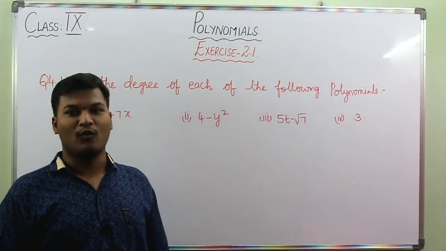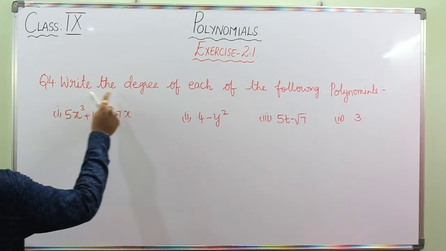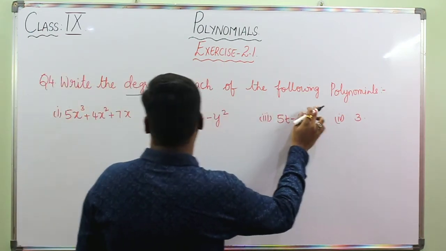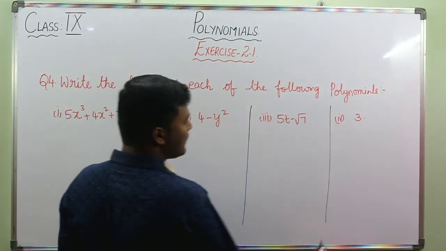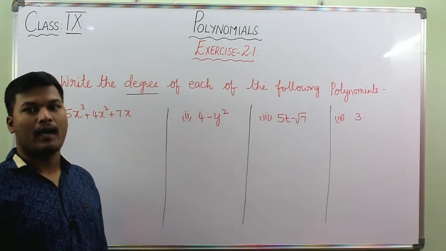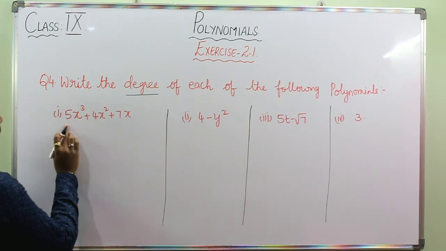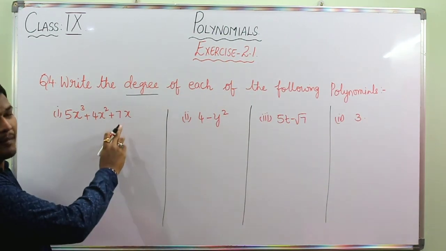Now let us see the fourth problem of this exercise, that is, write the degree of each of the following polynomials. So what is the degree? Degree is nothing but the highest power of the polynomial. Here we have the first expression as 5x cube plus 4x square plus 7x.